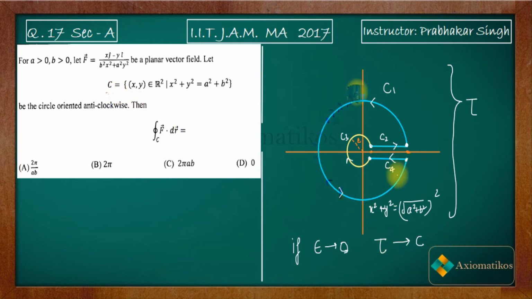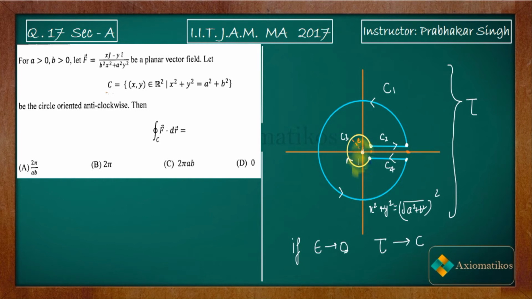So this is not the C that you are given with the problem. What I have drawn is a circle of epsilon radius. I am telling you that if epsilon goes to 0, tau goes towards C. Now why is this figure so important? This figure is so important because finally what you did is you have erased your point 0, 0, the origin.